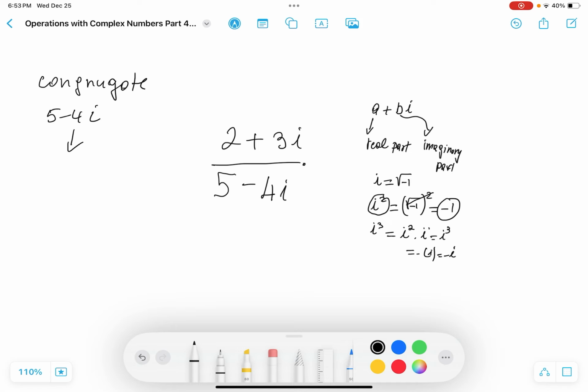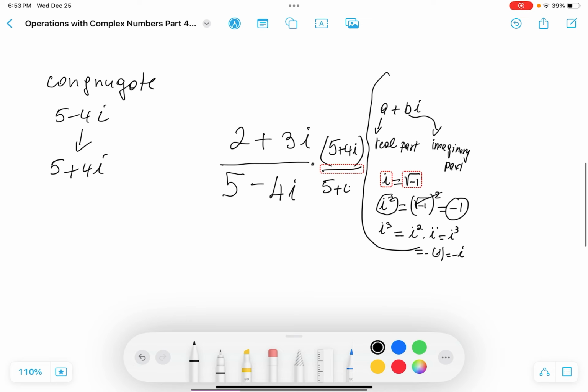The conjugate will be 5 plus 4i. So I have to multiply the numerator and the denominator by 5 plus 4i, the conjugate of 5 minus 4i.